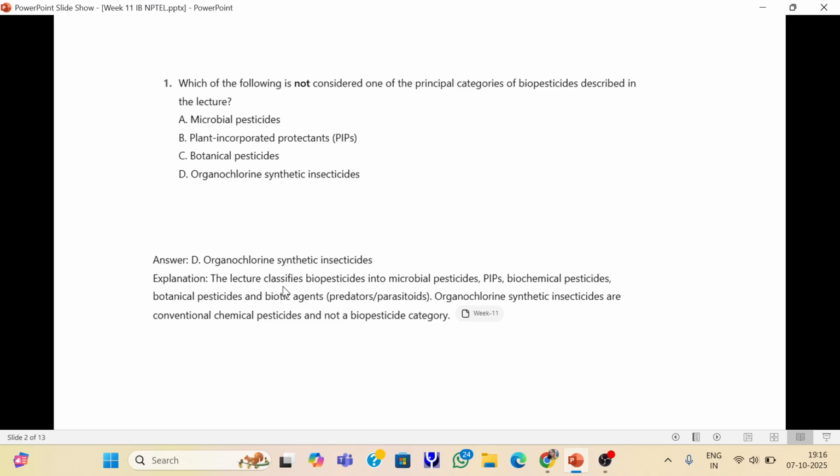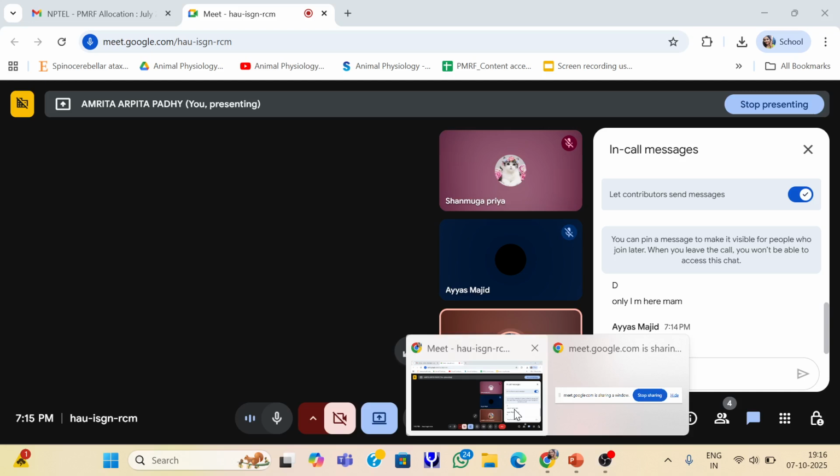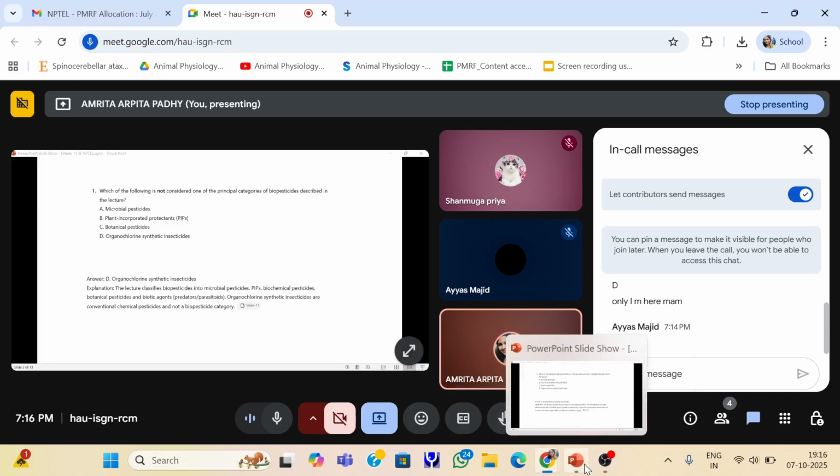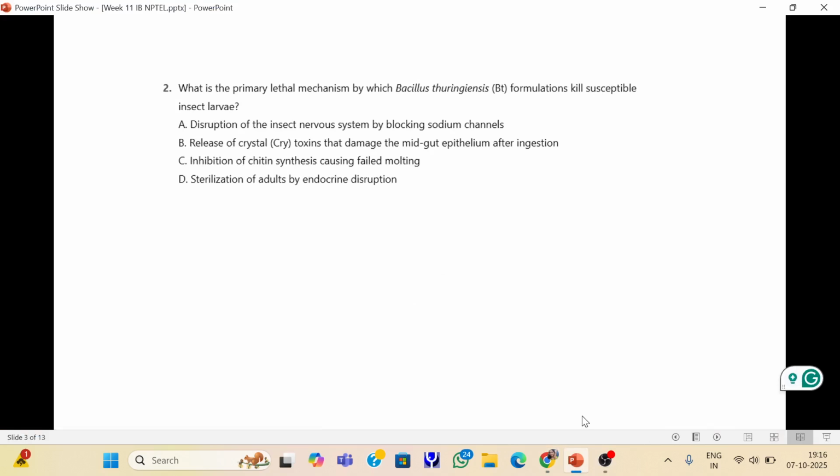According to the lecture material given, biopesticides are classified into microbial pesticides, PIPs, that is the plant incorporated protectants, biochemical pesticides, botanical pesticides, and biotic agents, that is predators or parasitoids. So organochlorine synthetic insecticides are conventional chemical pesticides. These are not biopesticides. So they do not come in the biopesticide category. So okay, Shanmupriya has given the correct answer. Moving on to the next question.